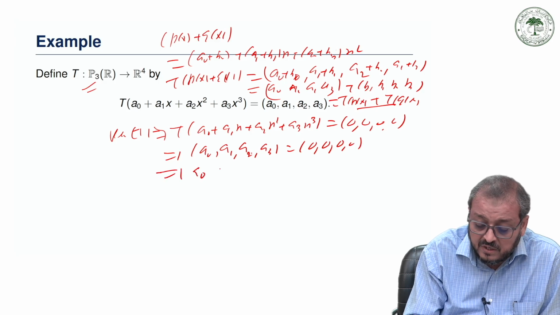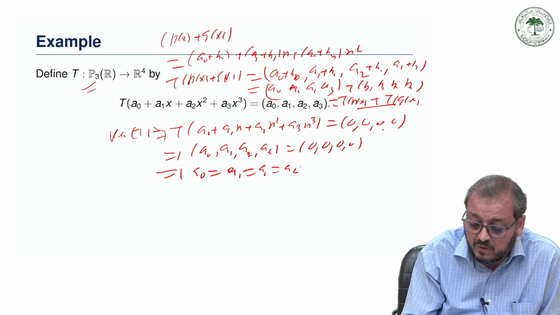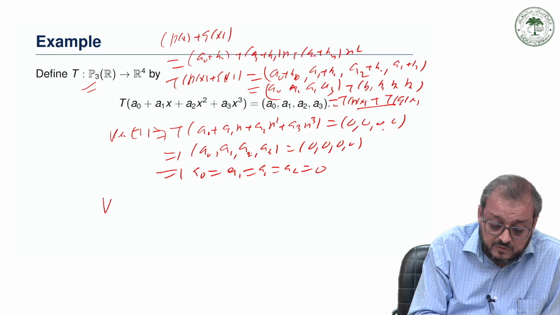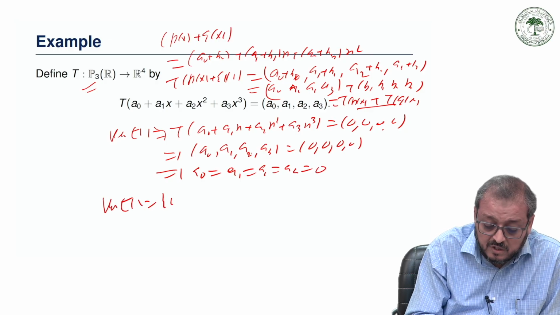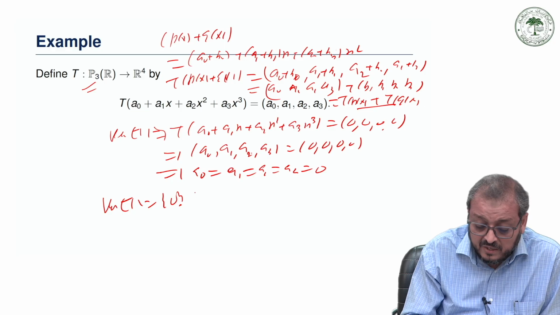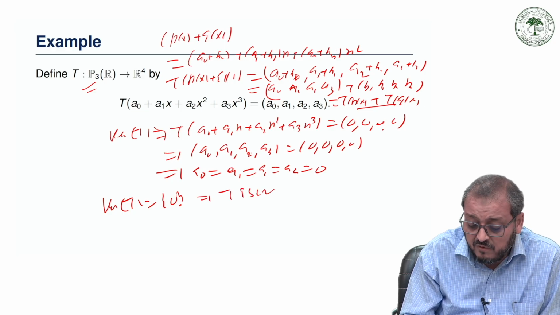This implies that a0 is equal to a1 is equal to a2 is equal to a3 is equal to 0. So the kernel of T is nothing but the zero subspace, and this implies that T is clearly 1-1.